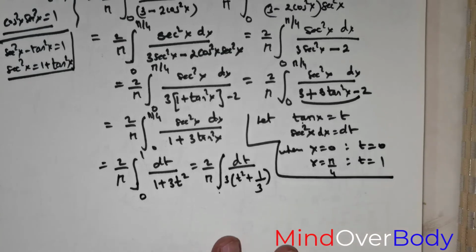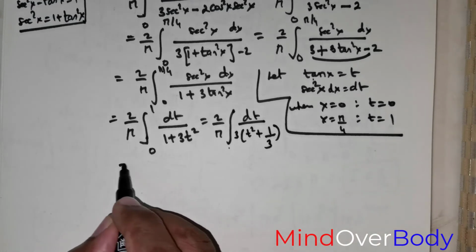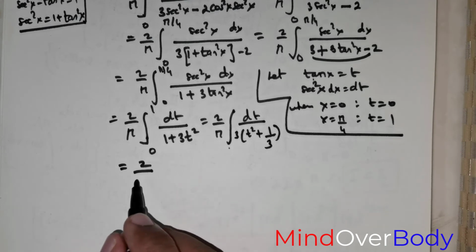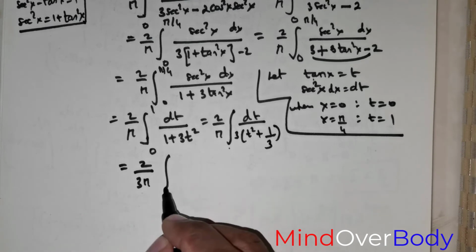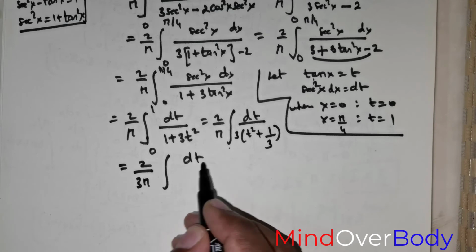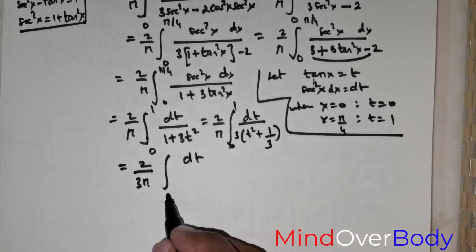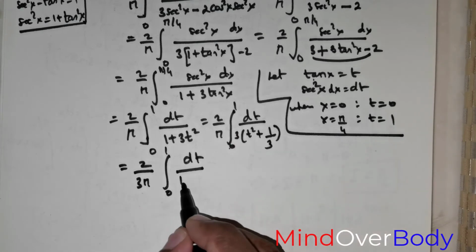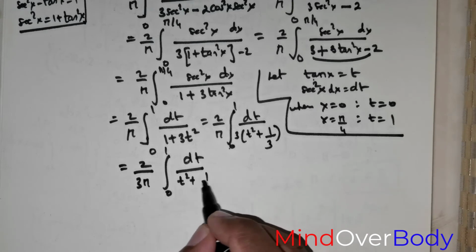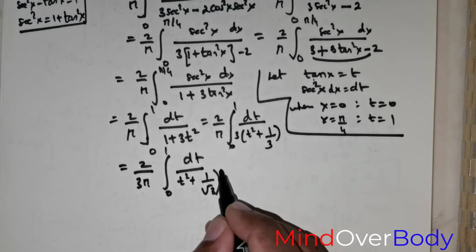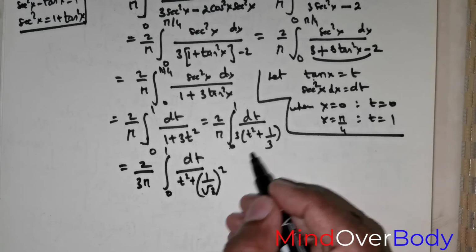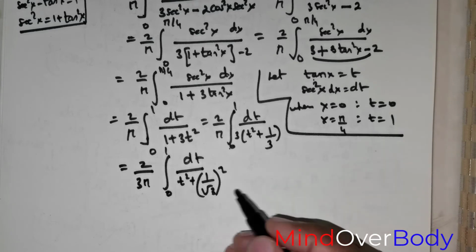Now let me rewrite this as follows. So 2 over 3 times pi integral dt over the limits are 0 to 1. This is divided by t squared positive 1 over root of 3 raised to the power of 2. I can rewrite 1 over 3 as 1 over root 3 raised to the power of 2.